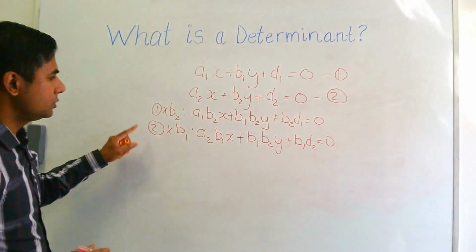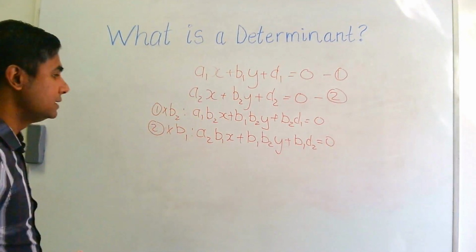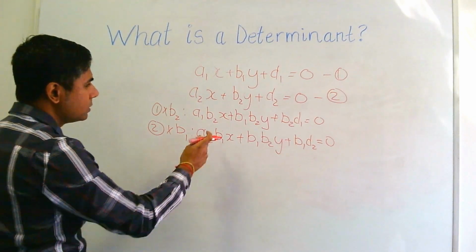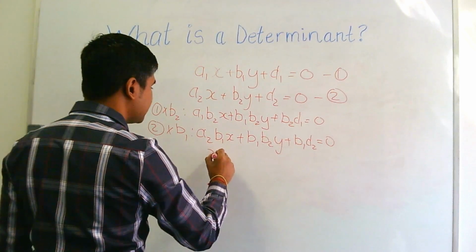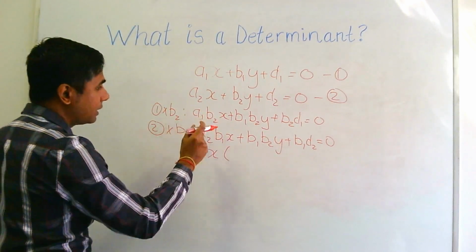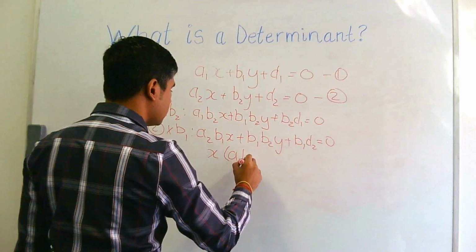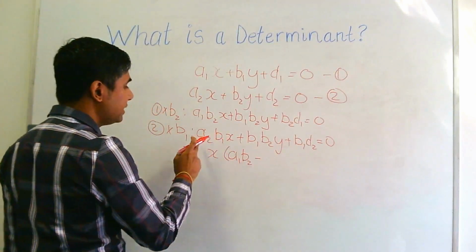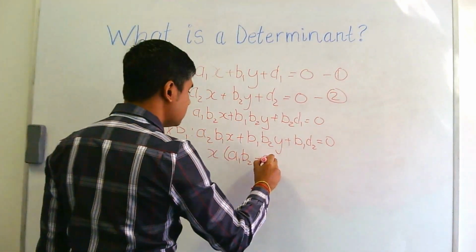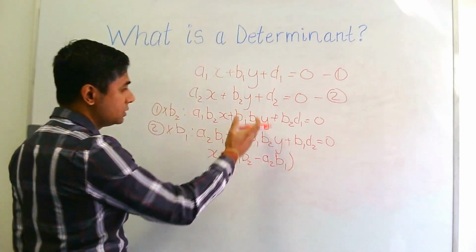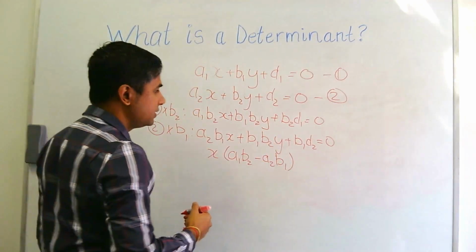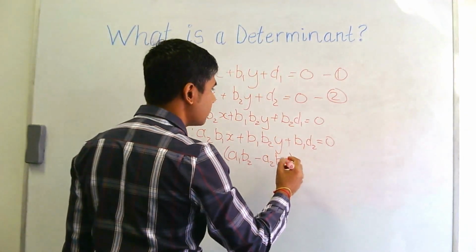Now all we need to do is subtract these two equations as we did previously. When we do that, we can take x out as a common factor. So we have x times (a1 b2 minus a2 b1). And of course, the y terms become 0 when we subtract them since the coefficients are the same.